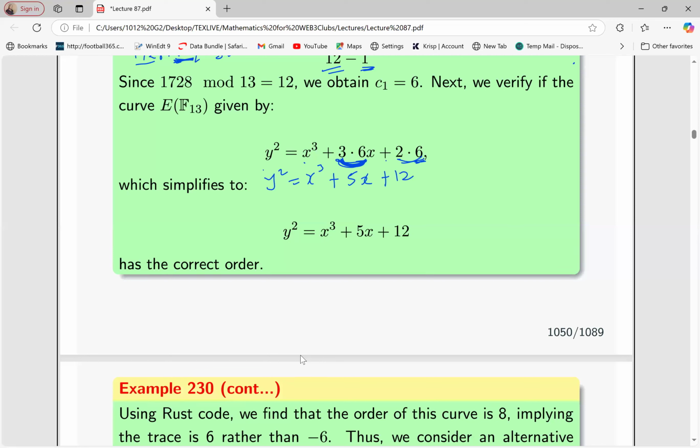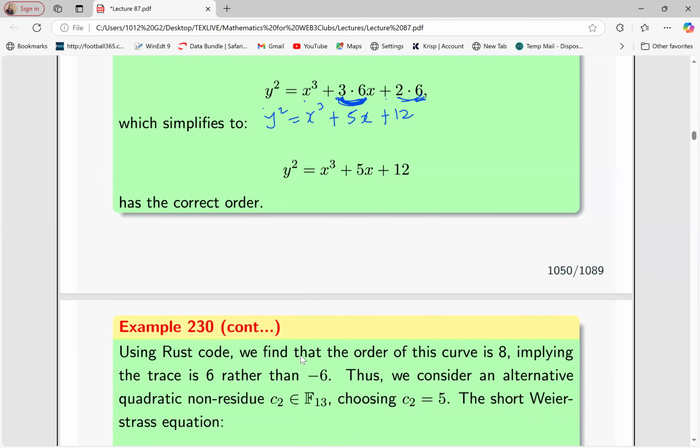Now, when I checked this using our Rust code, I found that this equation has 8 points. So that means it's not the one we want.